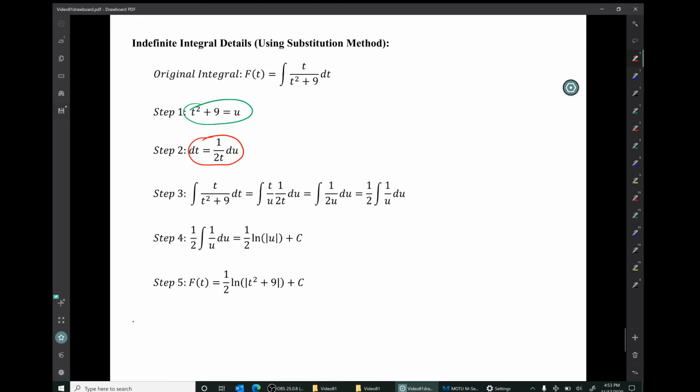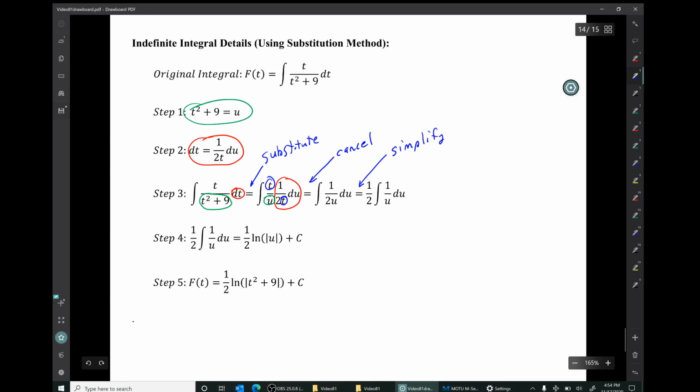And then I do substitutions. The red circled equation lets us replace the dt with that red circled stuff. The green circled equation lets us replace this t squared plus 9 with that u. So that's my substitute step. And then in the cancel step, I cancel that t. That t in the numerator cancels the t in the denominator. I end up with a 2 in the denominator. That comes out front in my simplification step.